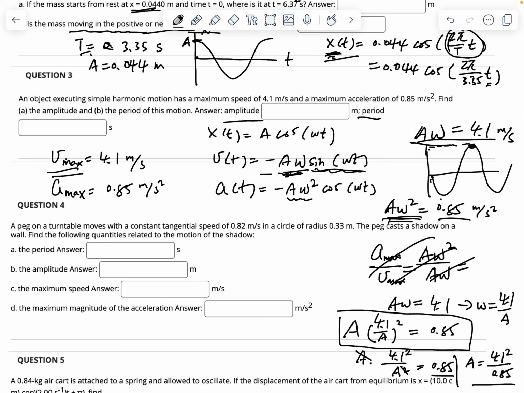If you have A, you can figure out the angular frequency, and then the period equals 2 pi over angular frequency. That's how you solve this problem. All right, let me erase everything here.